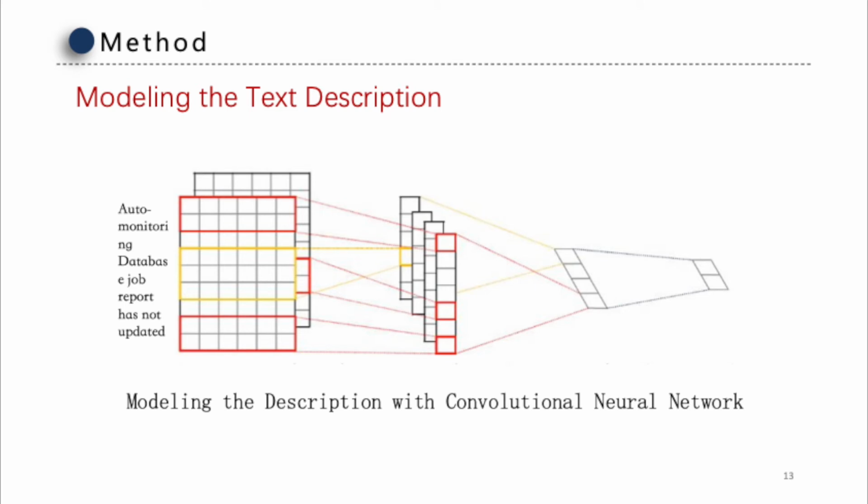The incident description is also important. It describes the symptom of the incident, including the location, the occurring environment, and the impacted services, etc. This kind of information can greatly help in identifying linked incidents. To better deal with the uniqueness of incident descriptions, we use a three-stage text representation learning method.